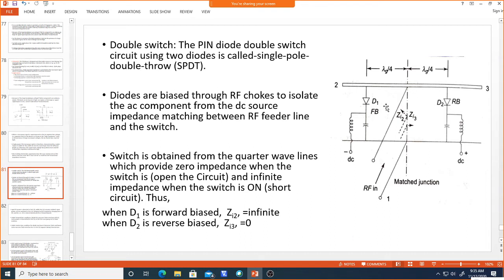That becomes the short circuit, and it gives the infinite impedance.